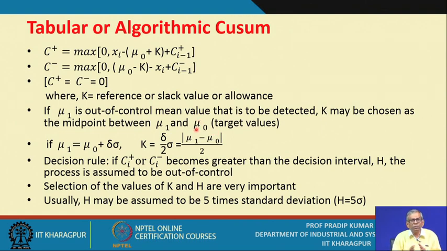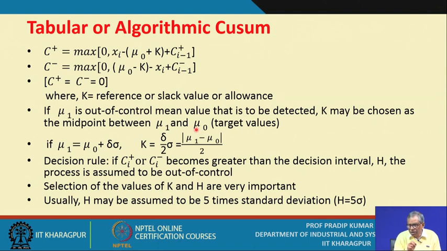That means as soon as the value crosses the midpoint, the process is in control, but you must be careful about the process condition, and you must know immediately why it has crossed this midpoint.